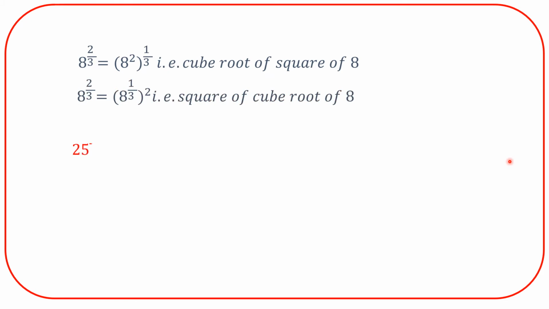Another example, 25 raised to 2 upon 5 is equal to 25 square raised to power 1 upon 5. That is, 1 upon 5 means fifth root of the square of 25.